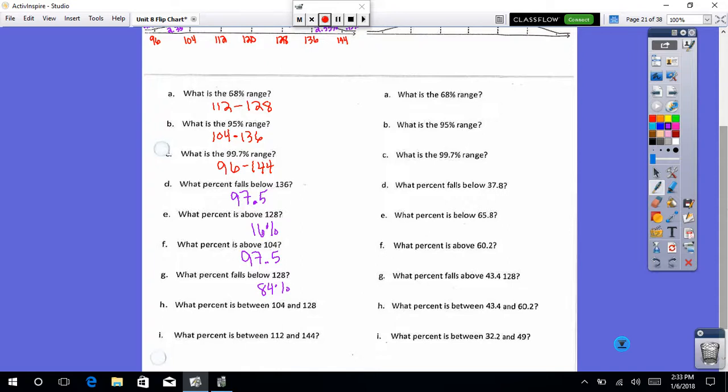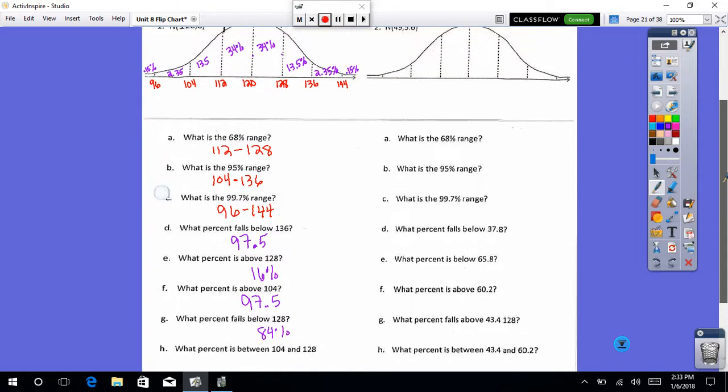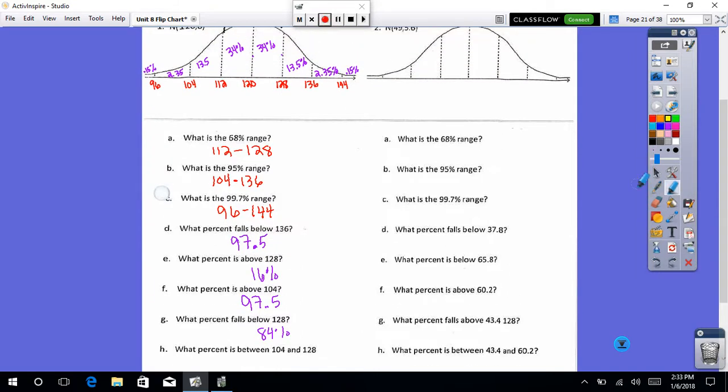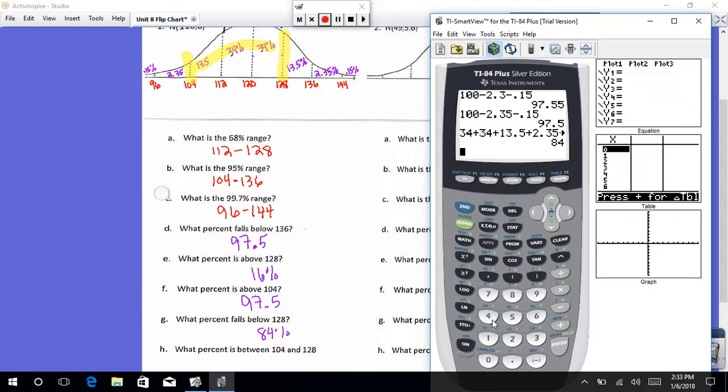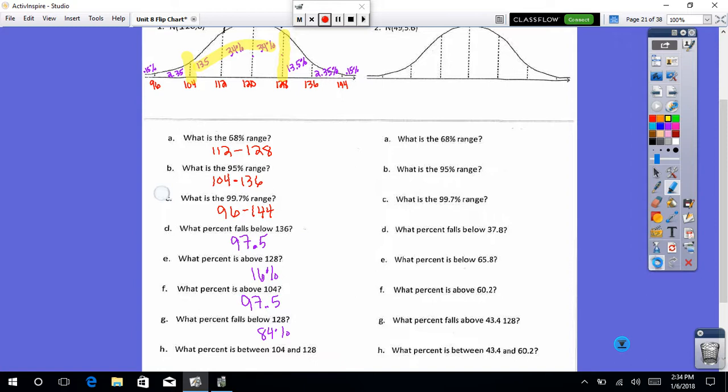Now between 104 and 128. So we're looking at these three values. I have 34 and a 13.5. So between 104 and 128, 81.5.